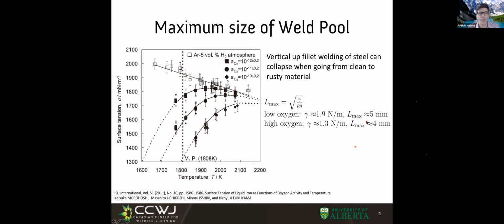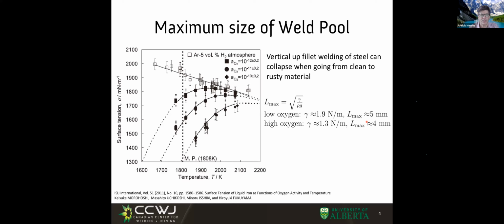Now let me tell you a super cool story. I don't know this from firsthand because I'm not a good enough welder, but I have good enough welder friends, and let me tell you one story I was told. If you're doing vertical up fillet welding, you're at the very edge of how much capillarity can hold your droplet.